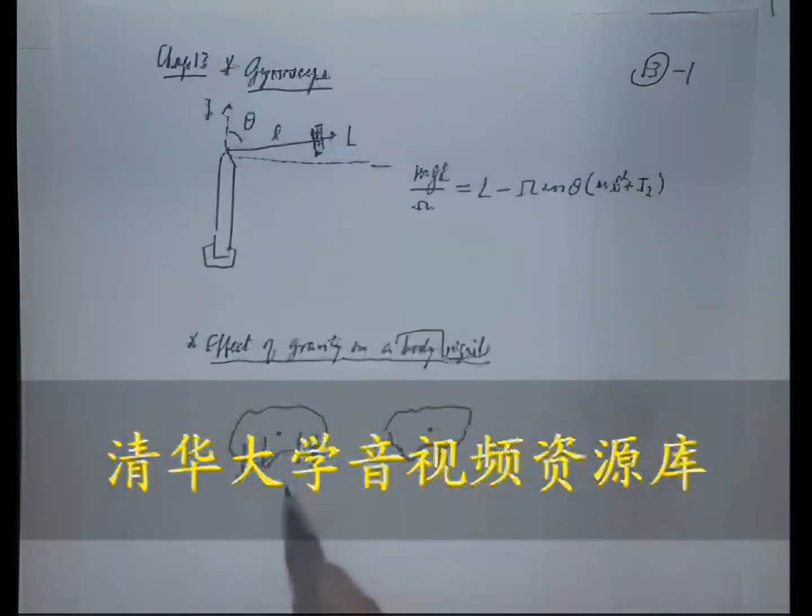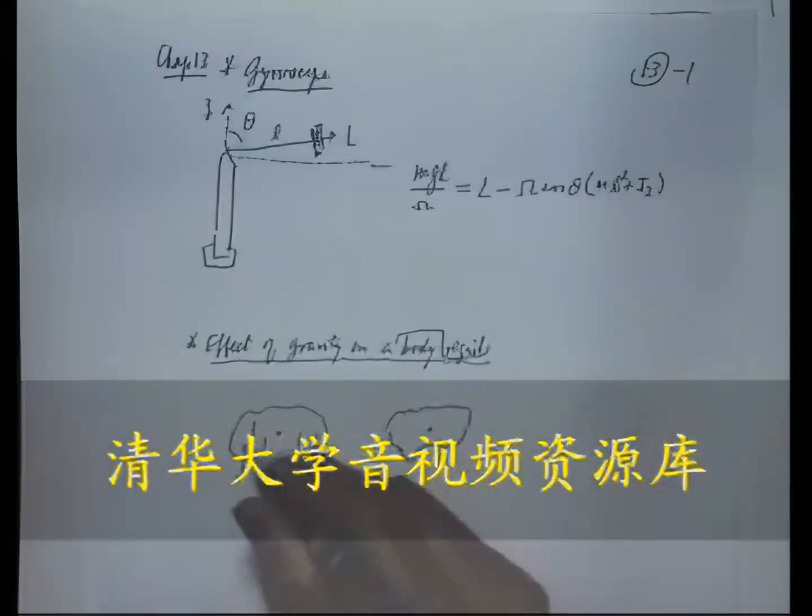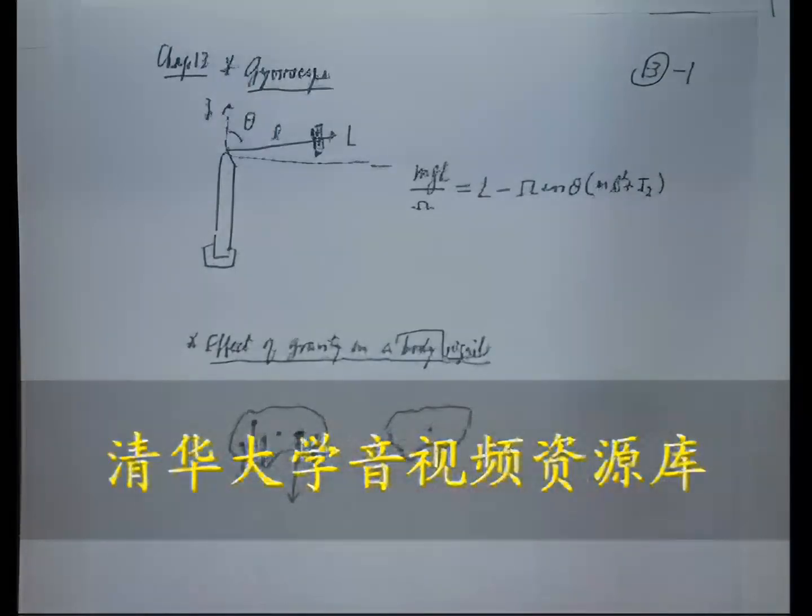This is the real situation. Every part of the body is subject to gravity, depending on the density. If there is a particularly heavy part of that body, then the gravity there is higher.